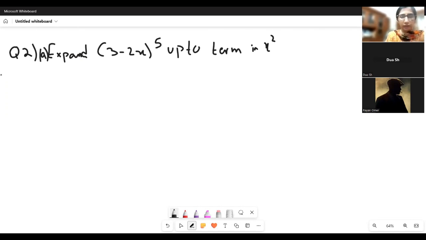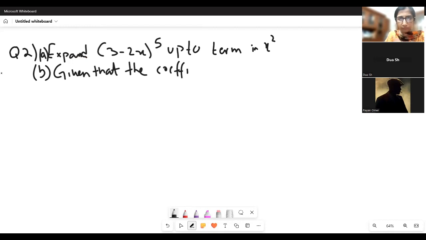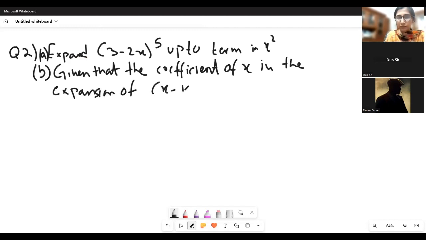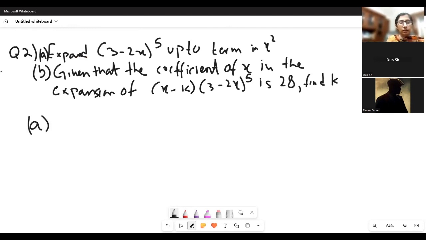Part B. Yes, so we will just be using the answer of the previous part for part A. And part B is, given that the coefficient of x in the expansion of (x minus k) times (3 minus 2x) power 5 is 28, find k. So we already have the answer of part A.